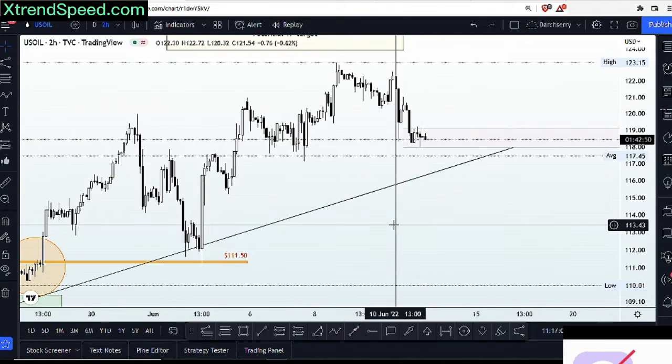So the first thing we want to be doing at this point is to look for a key level that will guide our action as we head into the New York session.